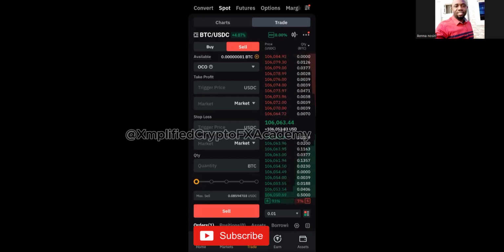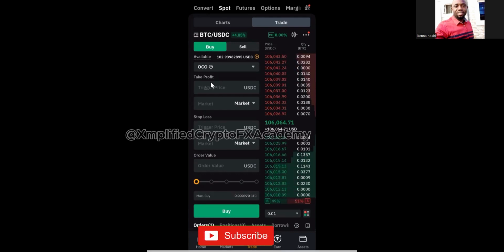So when you're using the buy for this, the idea on the trigger buy, as in this take profit, means that you want to buy at that trigger price. The take profit part suggests that you buy below the market price.